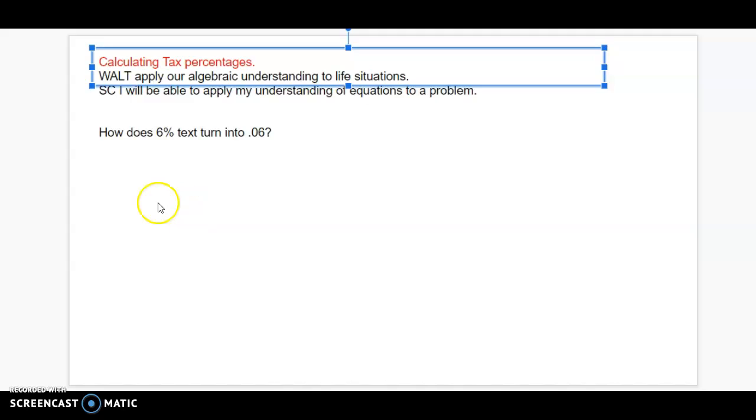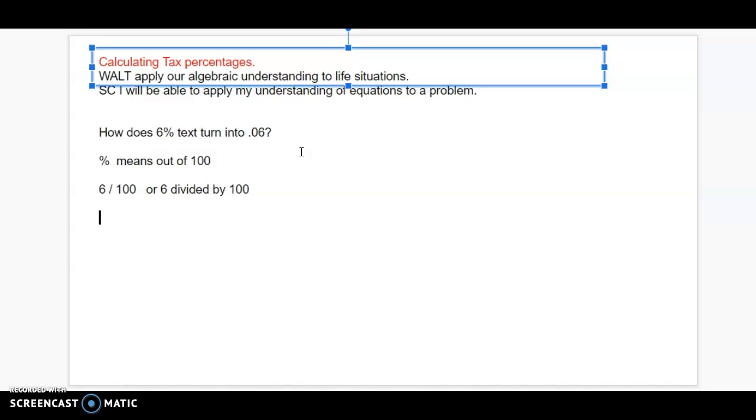How did I turn 6% into 0.06? What you need to realise is that the percentage sign means out of 100. So when we talk about 6%, we're talking about 6 over 100, or 6 divided by 100.